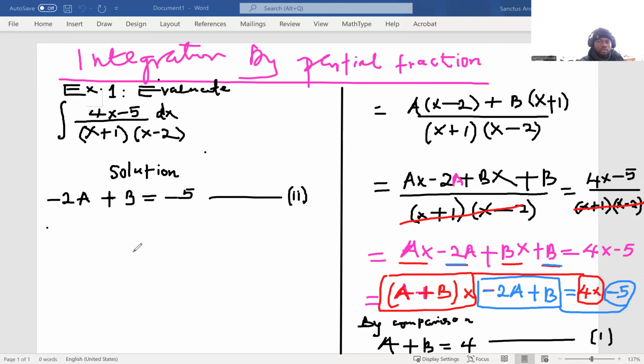Now, we're going to solve equation 1 and equation 2 simultaneously. So for us to solve that, we're going to subtract equation 1 from 2.